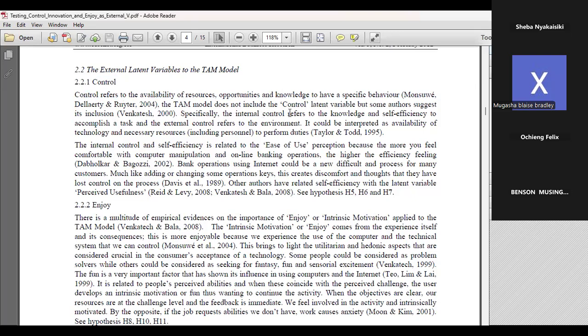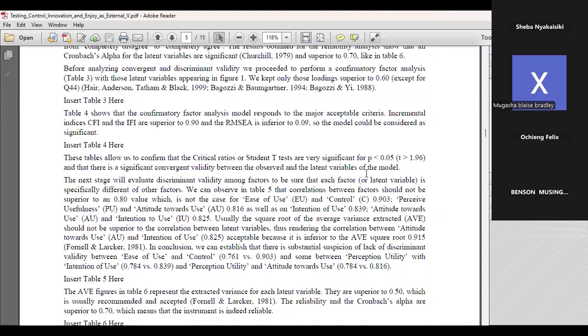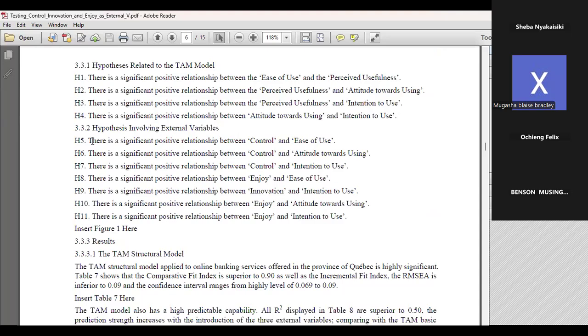Specifically, internal control refers to the knowledge and self-efficacy to accomplish a task, and external control refers to the environment. It could be interpreted as availability of technology and necessary resources. So now, if we look at the hypotheses, here is one: there is a significant positive relationship between control and ease of use.